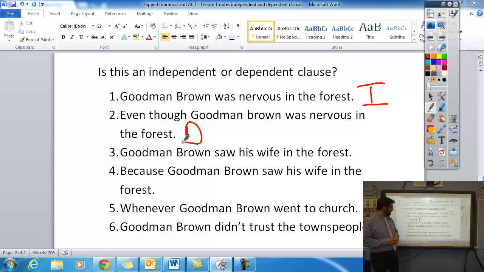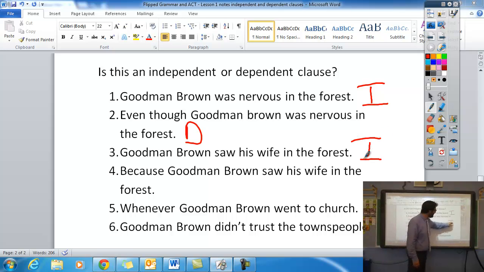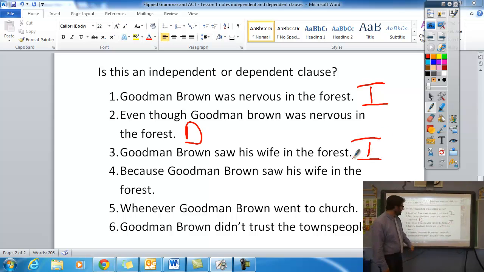How about this one, number 3? Goodman Brown saw his wife in the forest. Can that be its own sentence? Yep, of course it can, right? That's a complete thought. How about this one? Because Goodman Brown saw his wife in the forest. Again, pause the video if you want to think about it for a second.